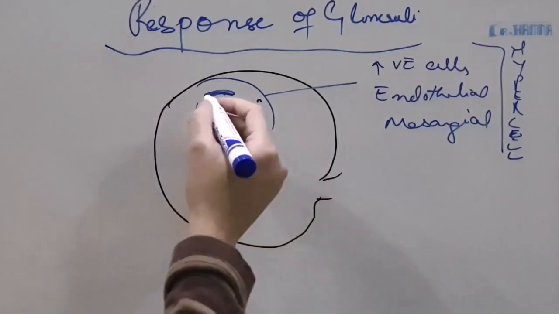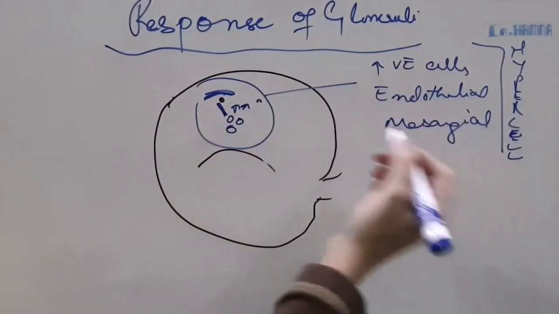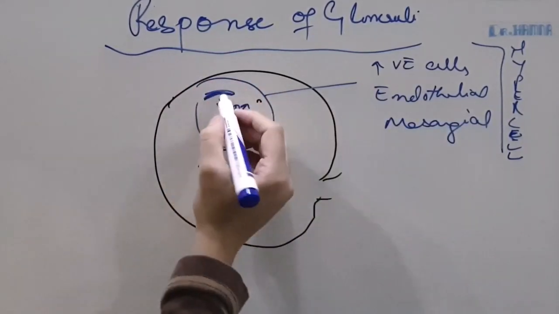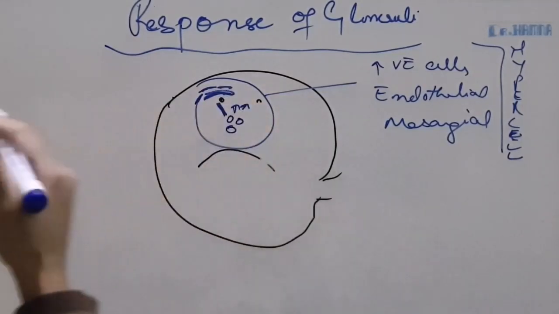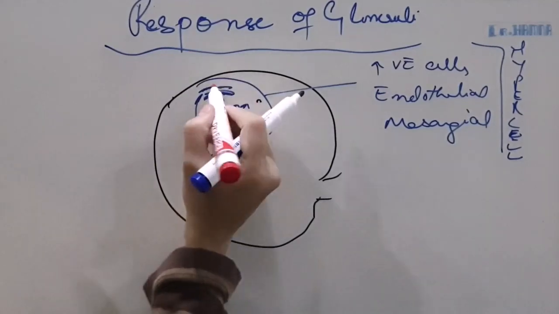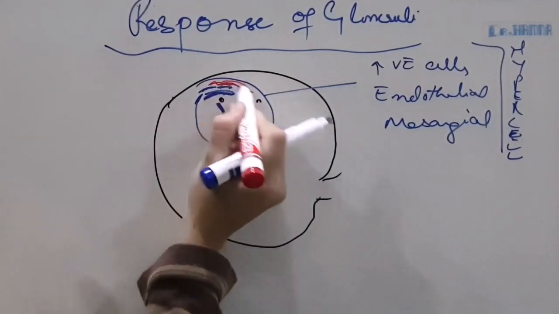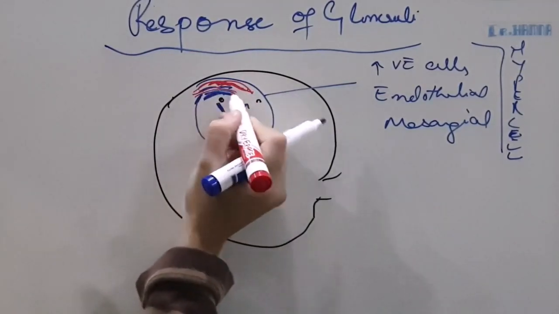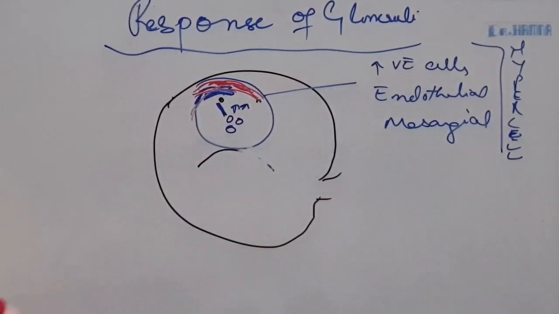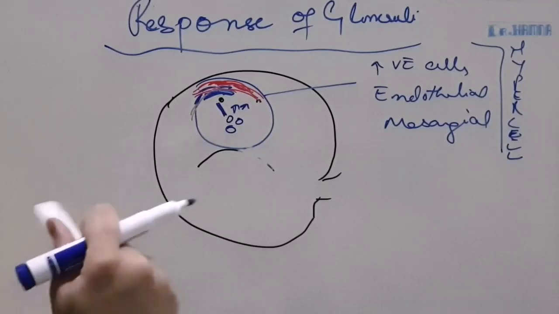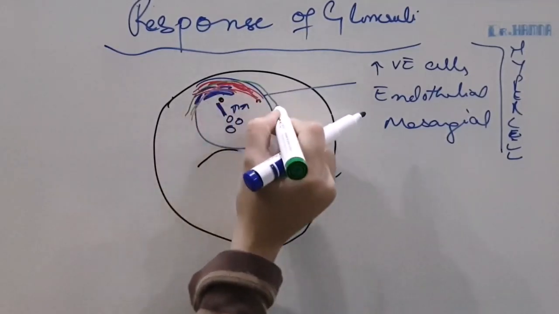This hypercellularity, when it becomes chronic, then these increased numbers of visceral epithelial cells stimulate the production of collagen matrix in the urinary space. And this results in the formation of a specific structure that looks like a half moon or crescent.